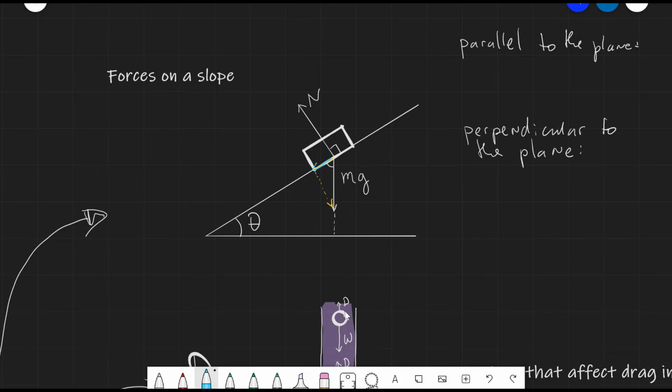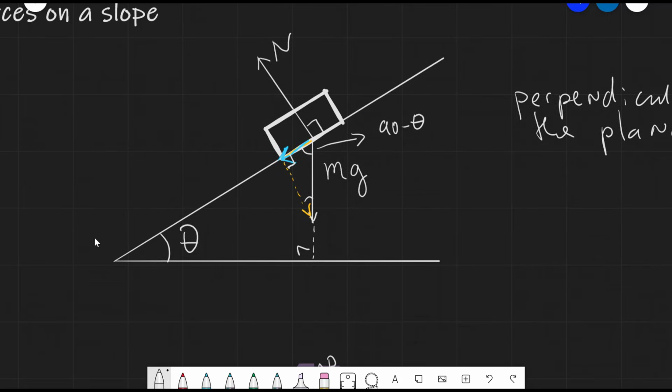So I'm going to use this one over here. Well, the component which is parallel to the plane can be found using some trigonometry. Remember, if this angle here is 90 minus theta, because this angle here is theta, meaning that this angle here will be 90 minus theta, but this angle here is also 90, meaning that this angle here will have to be equal to theta, like so.